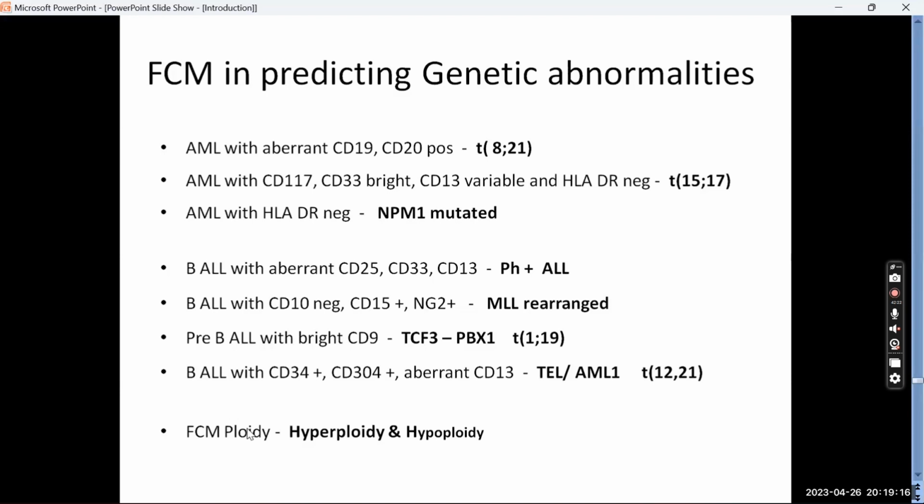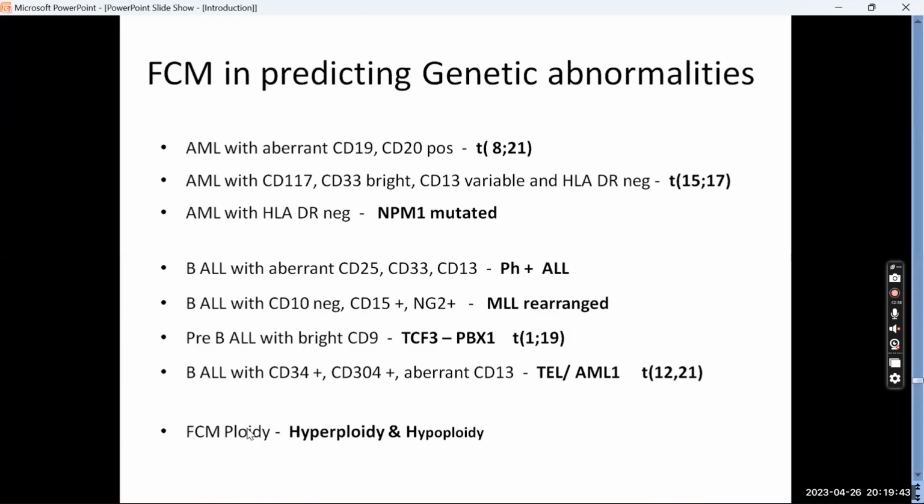Some people may ask me, what is the advantage? Since you want to do everything in flow, would you put everything into flow? There was one case where we got the sample. The blast percentage was very small. The case was hit by steroids from outside without diagnosis, and it was referred to us. The blast was around 1%, or 0.9%.